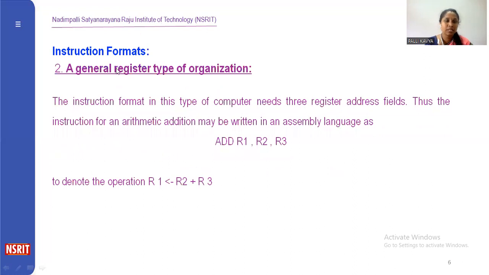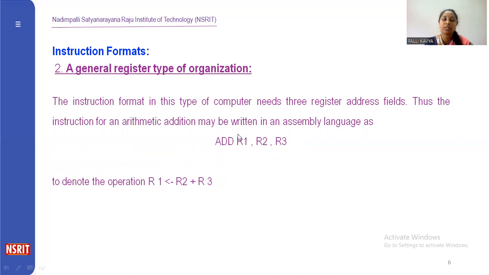And the next one is the general register type of organization. Here, three register address fields are used. For example, consider ADD R1, R2, R3. These three are different registers used in the instruction. The content stored in R2 and R3 is added, and the result is stored in R1.